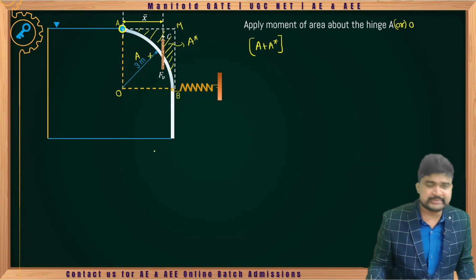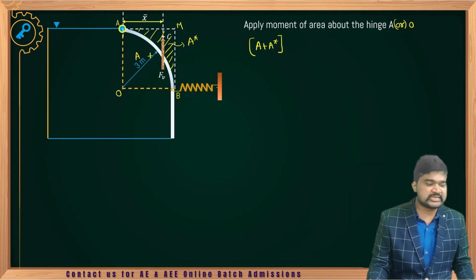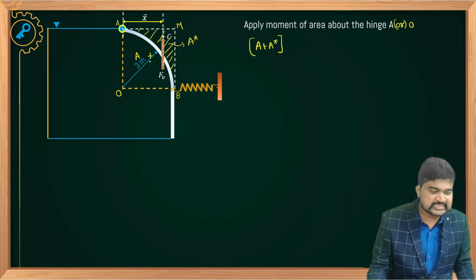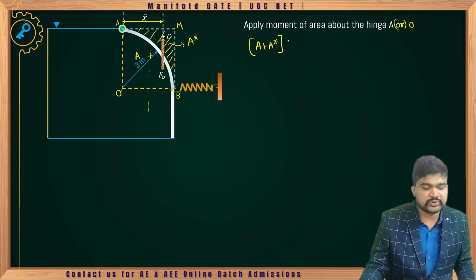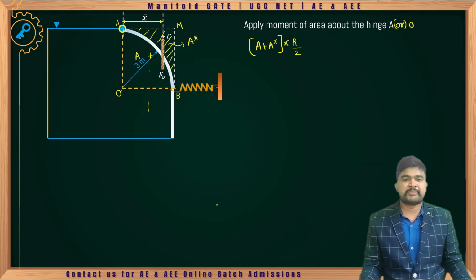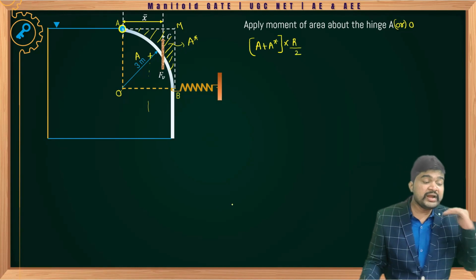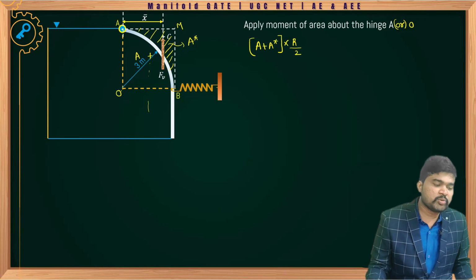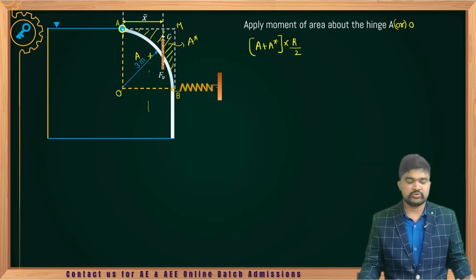Exactly at the center, na? Total square. Centroid will be exactly at the center. This distance, tell me, R by 2. Correct or not? Into R by 2. You are taking moment about OA or moment about A. That is up to you. Okay?